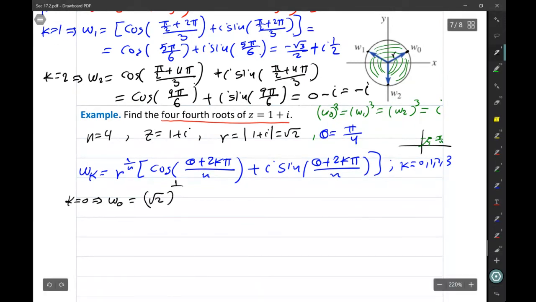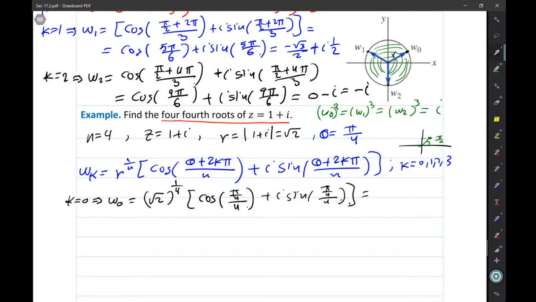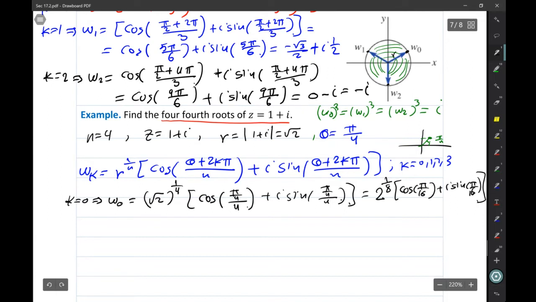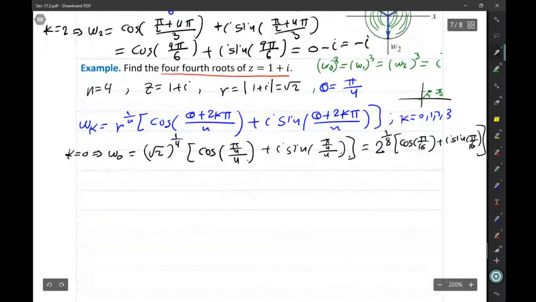Square root of 2 to the power 1/4 times cosine of (π/4)/4 plus i times sine of (π/4)/4. This equals, since square root of 2 is 2 to the power half, 2 to the power 1/8 times cosine π/16 plus i times sine π/16. Of course you have to use the calculator to calculate it.